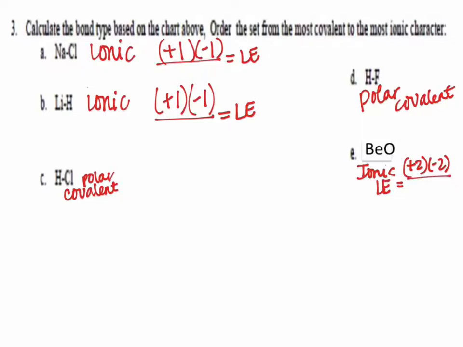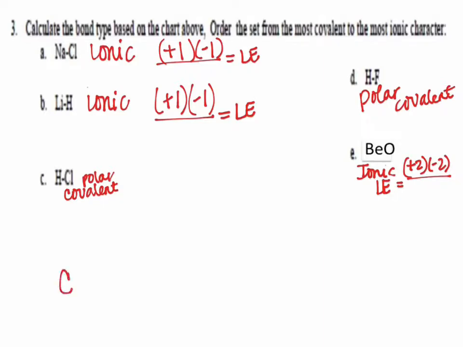Okay, so very first thing, let's say what is our most covalent character? So we have C and D. Who's more polar covalent? Polar covalent means they're further apart. Which ones are the further apart? HCl.